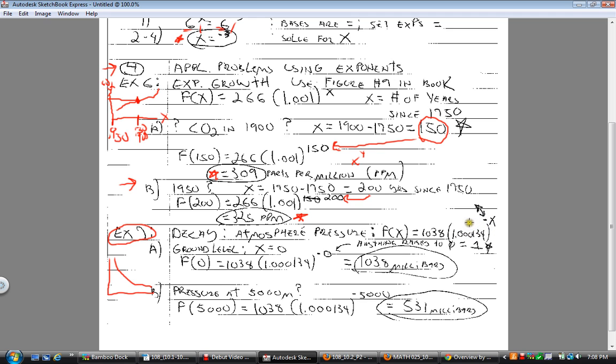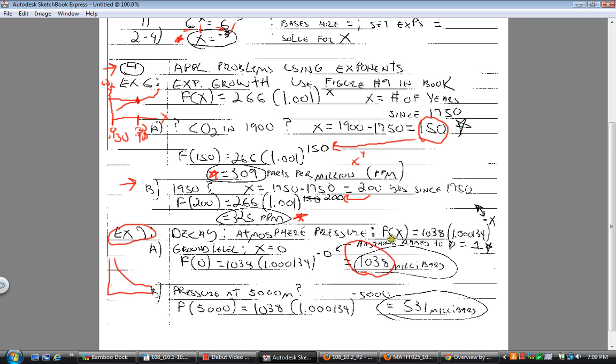You got to watch that. They're going to say at ground level x equals 0, what would the atmospheric pressure be? So you're going to take 1038 times 1.000134 raised to the negative 0. Anything raised to the 0 equals 1, and so therefore you've got 1 times 1038, and there's your answer.